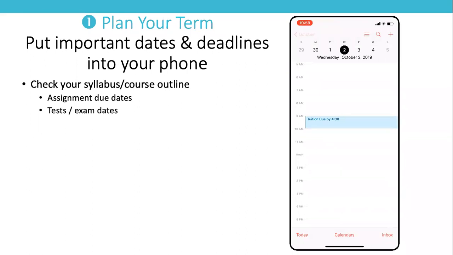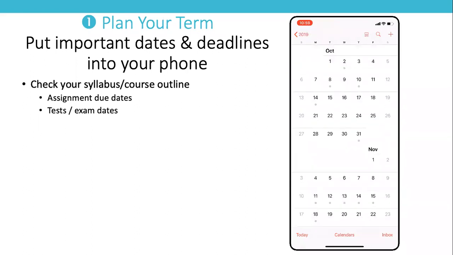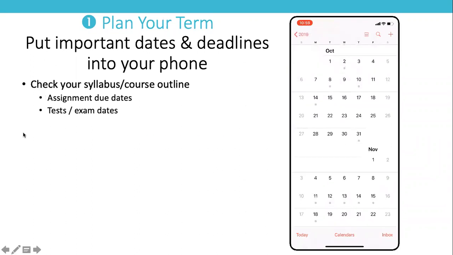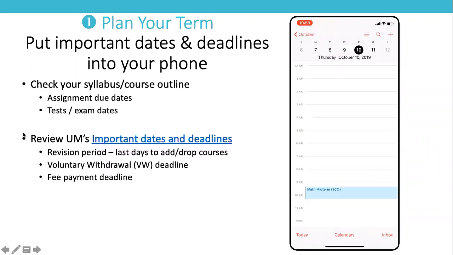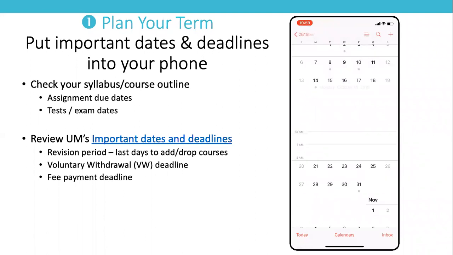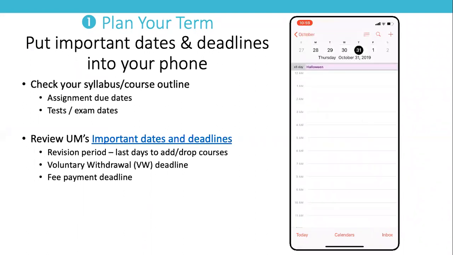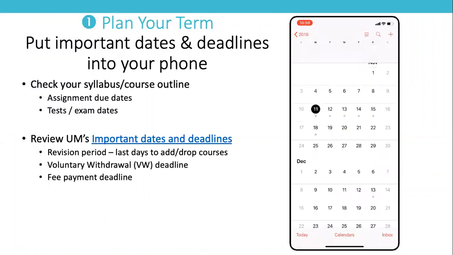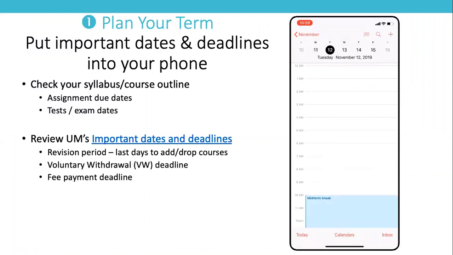Some students prefer an agenda or a planner, maybe a calendar, whatever system works for you. You're of course welcome to use that. But a lot of those important dates you should have available to you at this time. Make sure that you review your syllabus, your course outlines, your assignment due dates, and your test dates, so you can start planning accordingly.